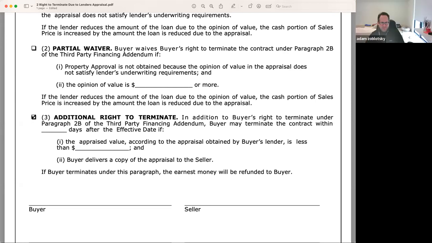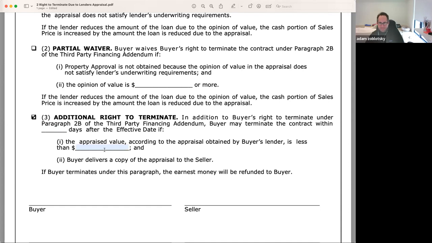Yes. What if the buyer, in a traditional sense, particularly in this market right now, says, I don't want to purchase this property if it doesn't appraise at 1.5? Then you put that's exactly what you do here. But it's not a lender situation.